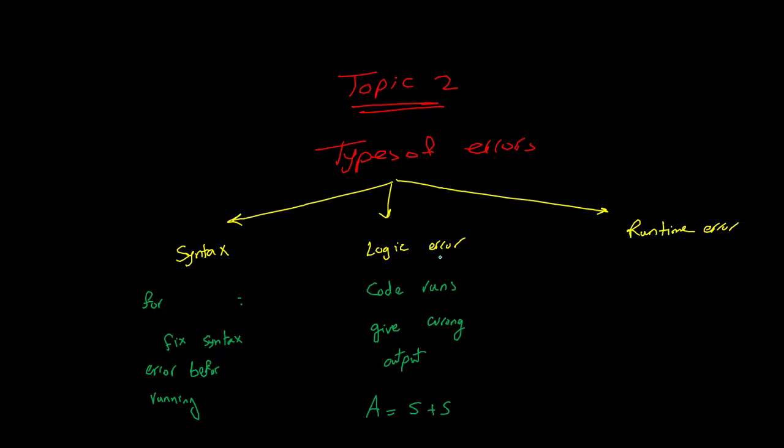So this is the logic error. You can run your program, your compiler or interpreter will not find that you have any problem. It will run, but when you try to test your program, it will give you wrong output.